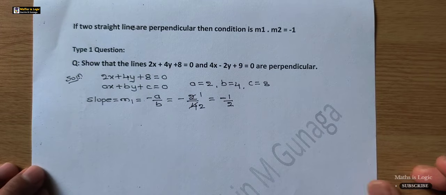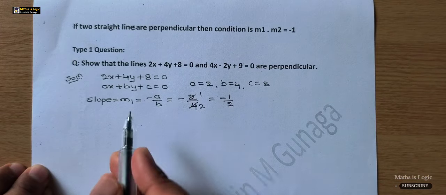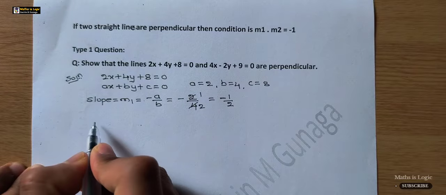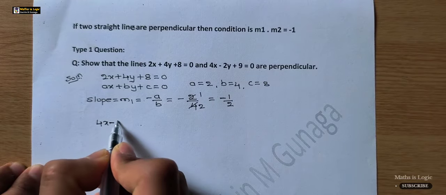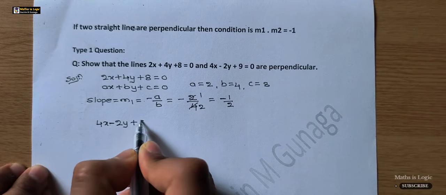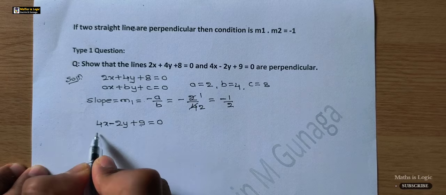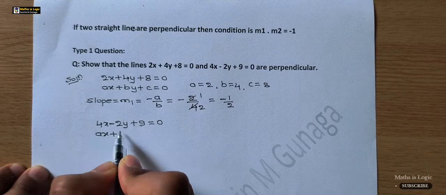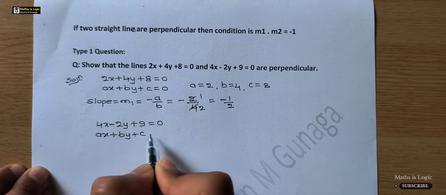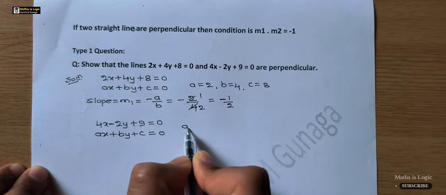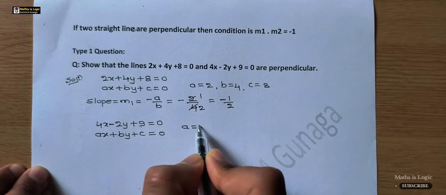Next, now take the second line. What is that second line? 4x minus 2y plus 9 is equal to 0. Again it is of the form ax plus by plus c is equal to 0. Here the a value is 4.